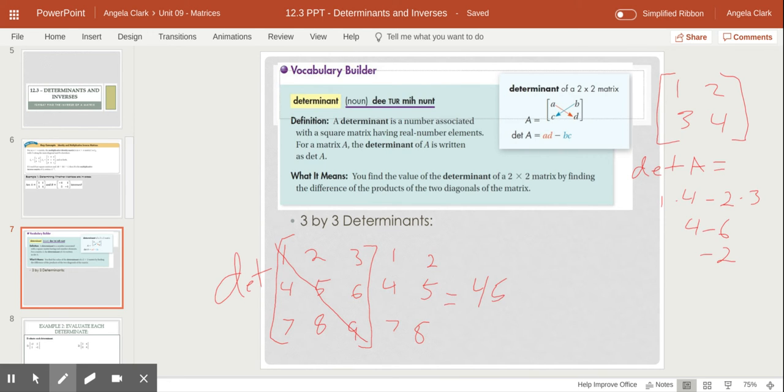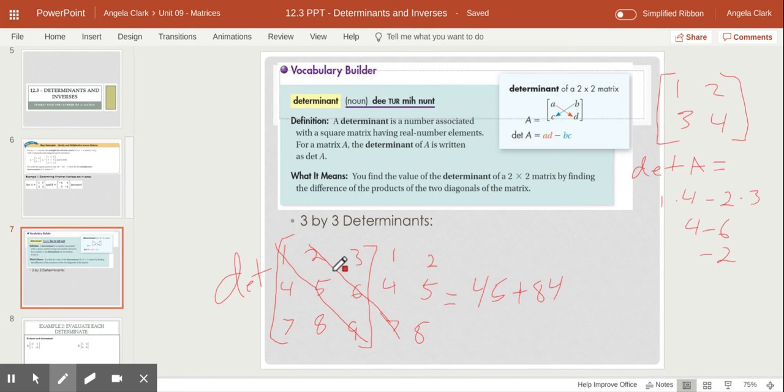And then I'm going to add to that what you get when you multiply this diagonal. So 6 times 7 is 42, times 2 is 84, so plus 84.